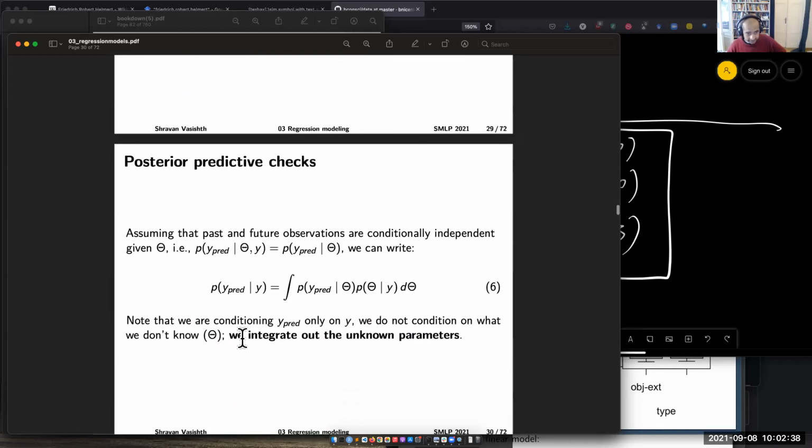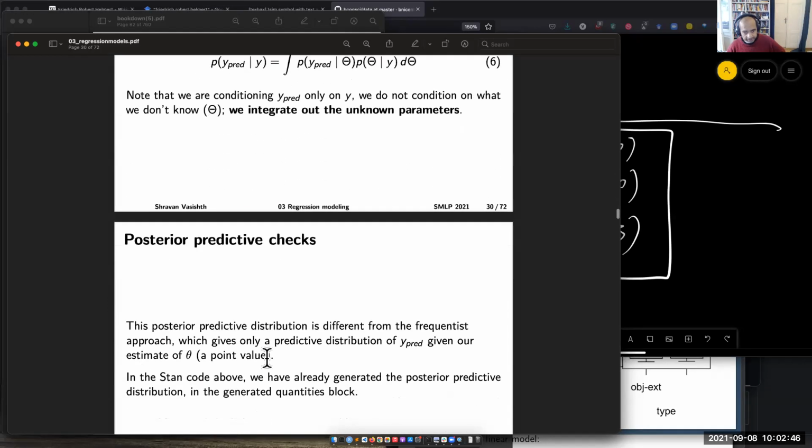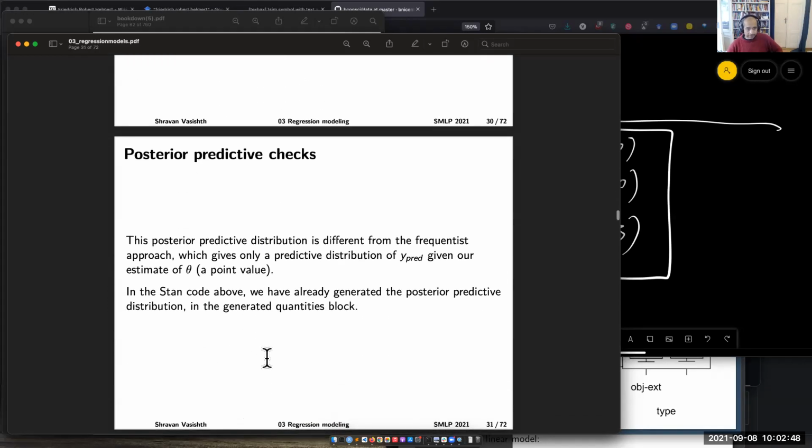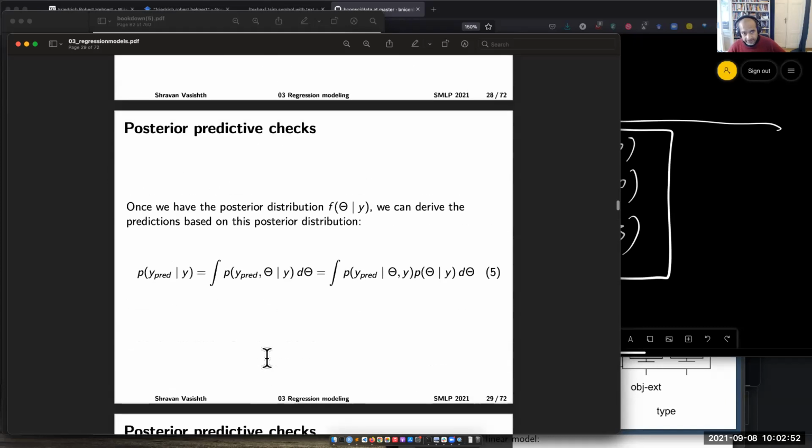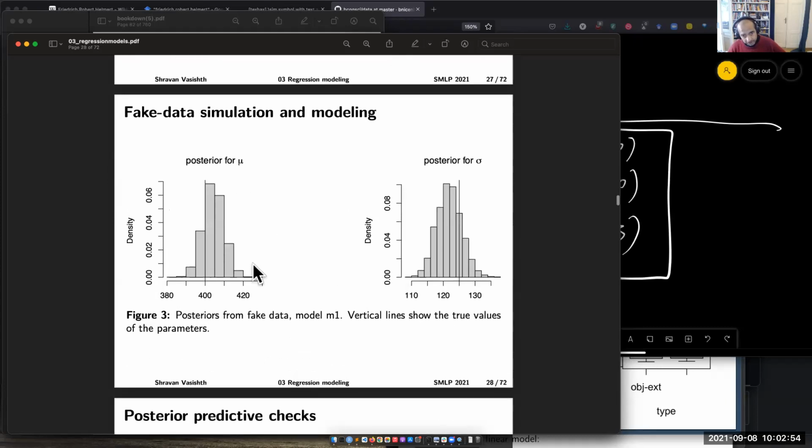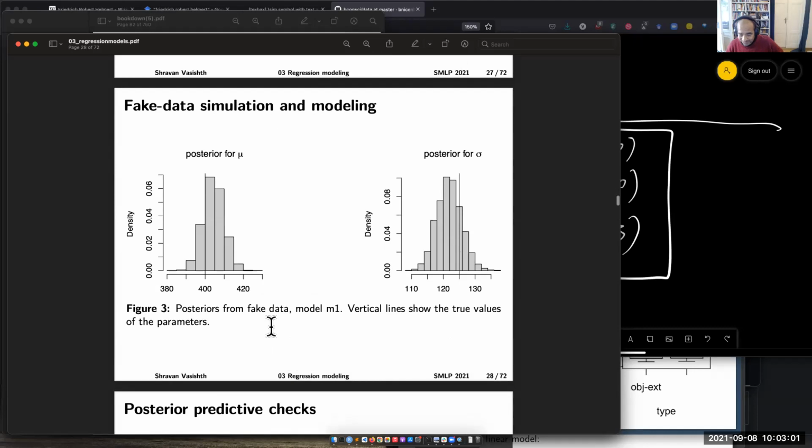Again, this amounts to integrating out these unknown parameters. I discussed this in chapter 1. If you're not familiar with this idea, you can look at the chapter 1 discussion. But intuitively, it's very easy to understand. We have these posteriors, and we use them to produce new data, just like we did with the prior predictive data, except that now we have been informed by the observed data.